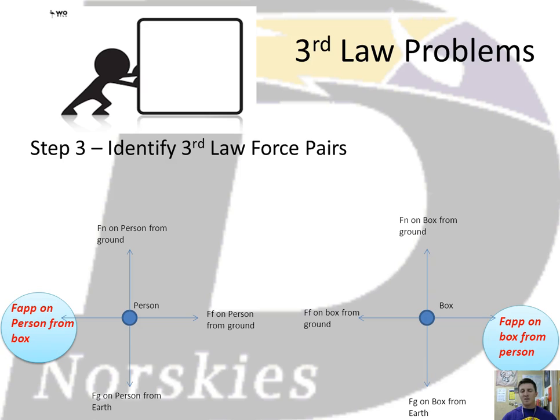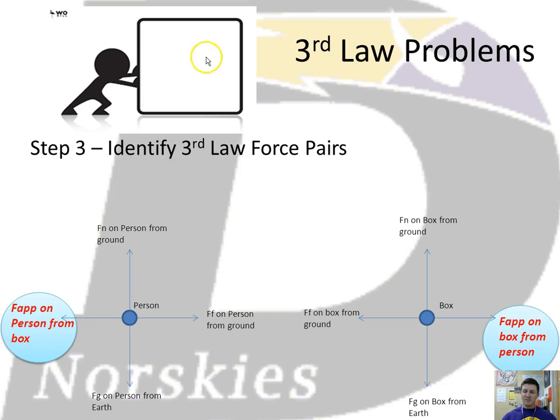Finally, the last step: now that you have two diagrams, you must identify third law force pairs. According to the law, forces act in pairs. They are equal in strength generally, and they will be opposite in direction.